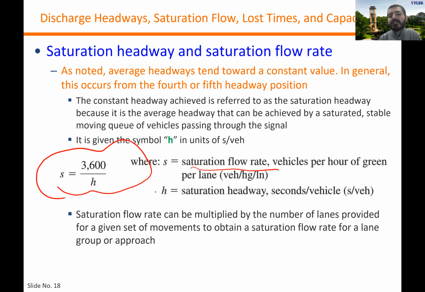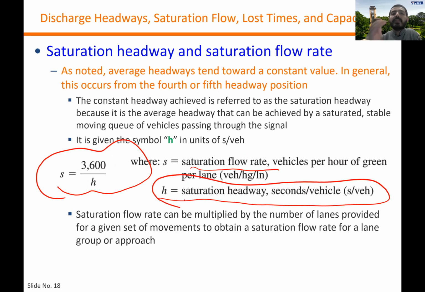If I know the saturation headway, how much time each vehicle needs to clear the intersection, and I divide 3600 seconds, which is how many seconds in an hour, over the headway per vehicle, I'll be able to know how many vehicles are going to clear that intersection. That gives the saturation flow rate.